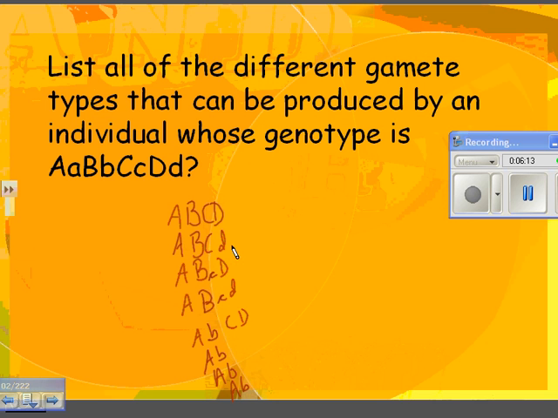So that's a big C, little d. That's a little c, big D. And a little c, little d. Now I have to do that whole thing with little a's. Oh my gosh. So 1, 2, 3, 4, 5, 6, 7, 8. It's going to be 16, right? Because you're going to have little a, big B, big C, big D. Little a, big B, big C, little d. Little a, and so on. That was awful.